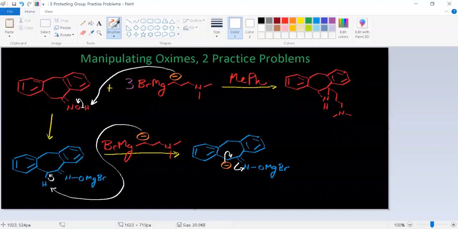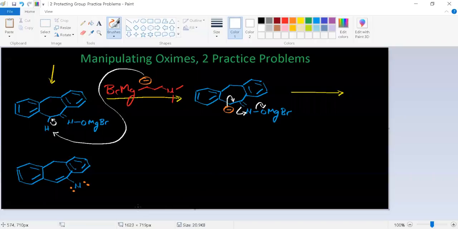Now, you can give nitrogen a negative charge by doing this, or you can give it a neutral charge by kicking out this oxygen with a magnesium bromide attached to it, which is a perfectly fine thing to do in this case. Magnesium bromide works just fine to stabilize oxygen's negative charge when it falls off. So this will bring us to our next intermediate.